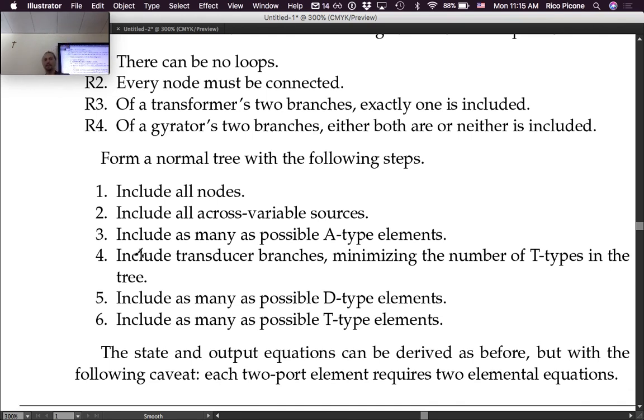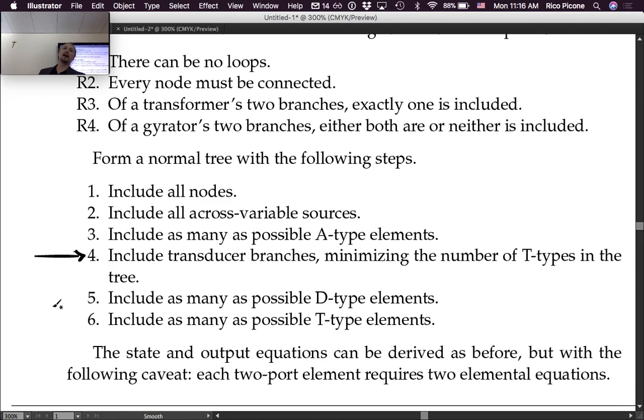Okay, so step 1, include all nodes. Check, same as before. Include all cross-variable sources, same as before. 3, include as many as possible A-type elements, same as before. Now we're going to interpolate 4 in here. So include transducer branches, so transformer and gyrator branches, minimizing the number of t-types in the tree.